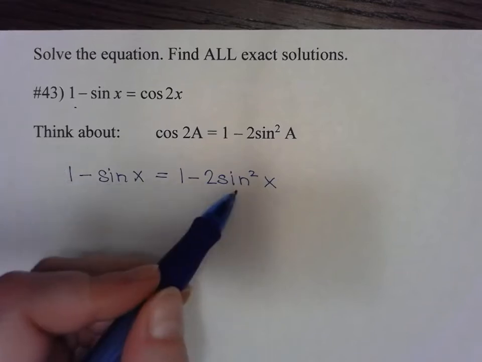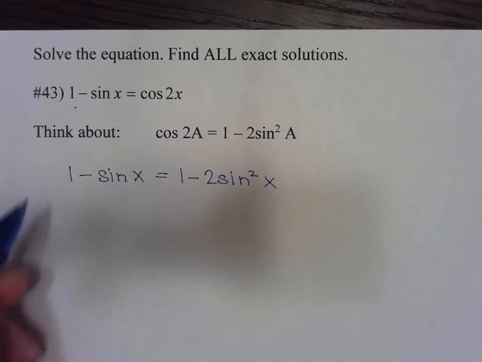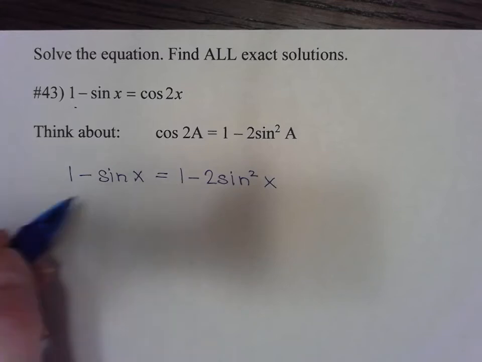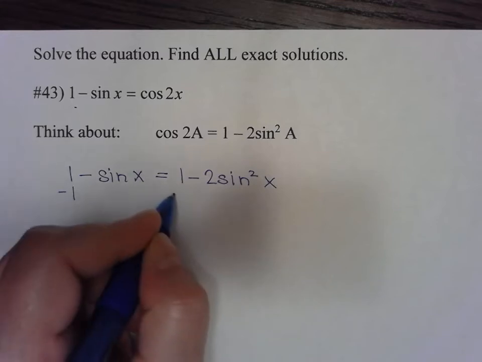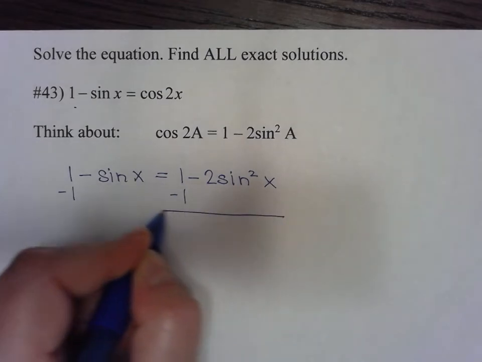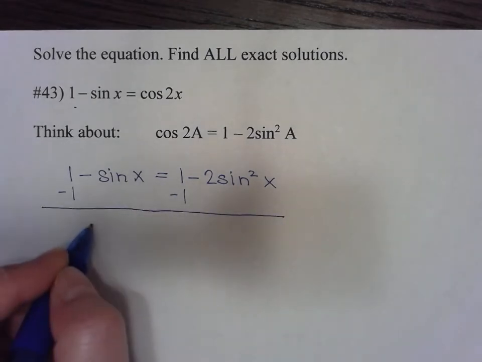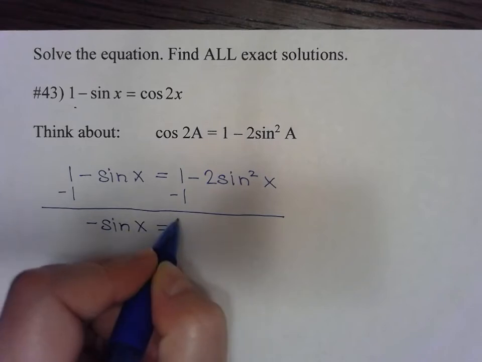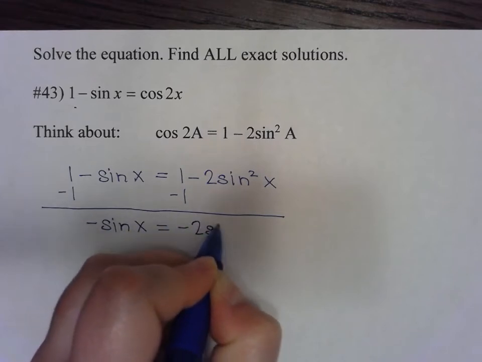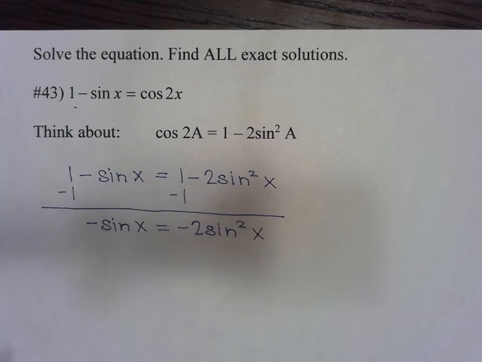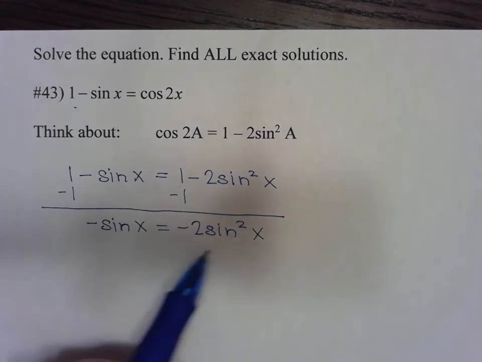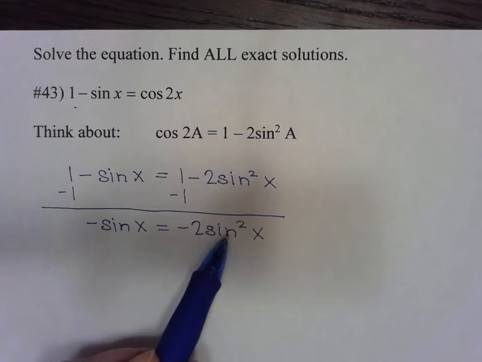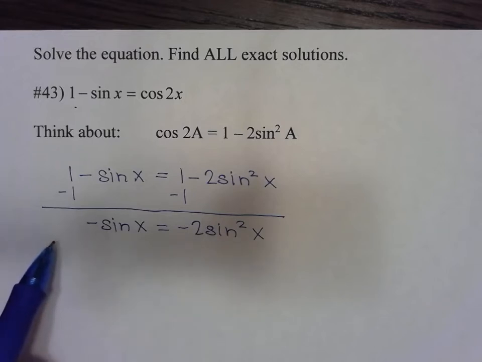Okay, so now we would like to maybe put this in a form that we could solve. Notice there's a 1 on both sides, so I could subtract, and those 1s are going to cancel. The next step would be to add this 2 sine squared x to both sides.